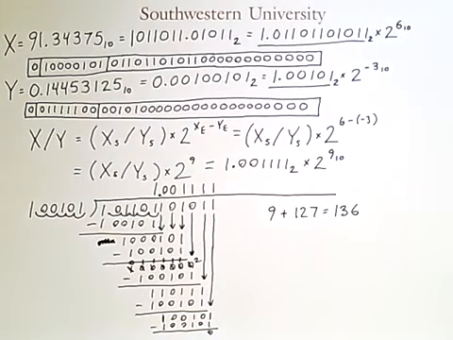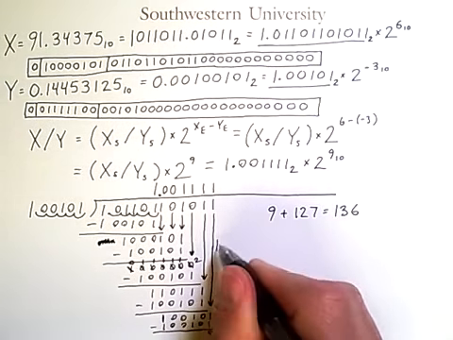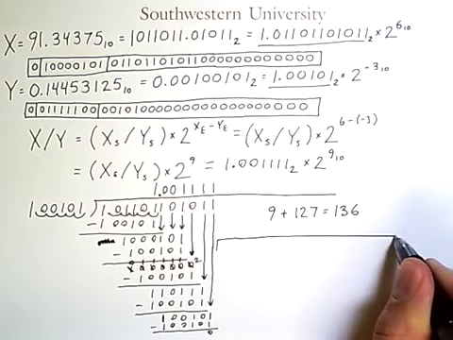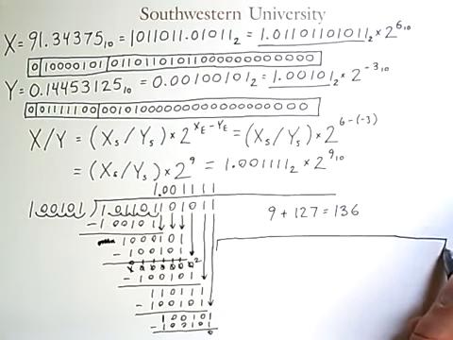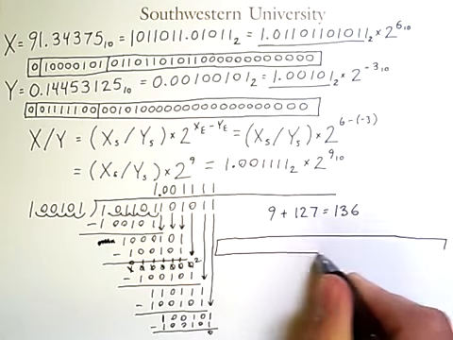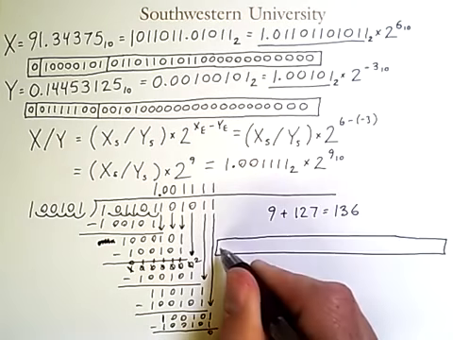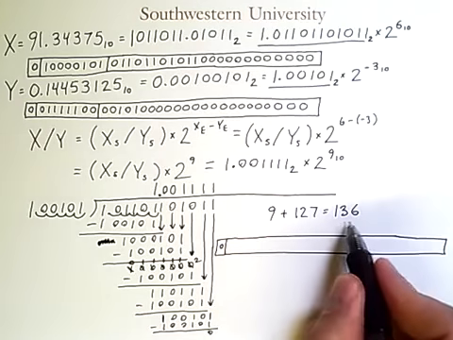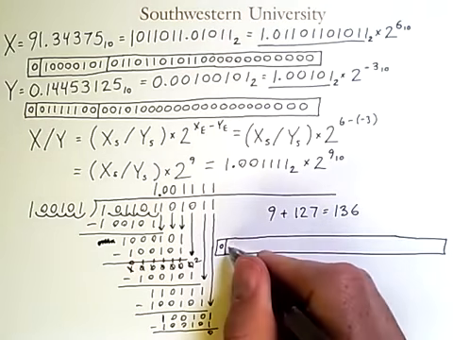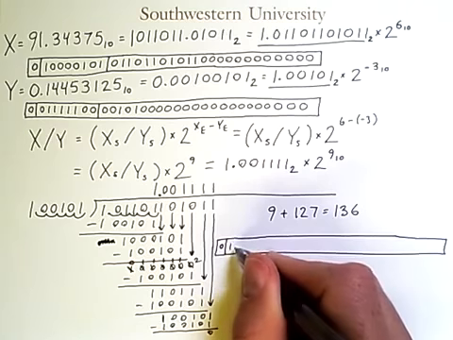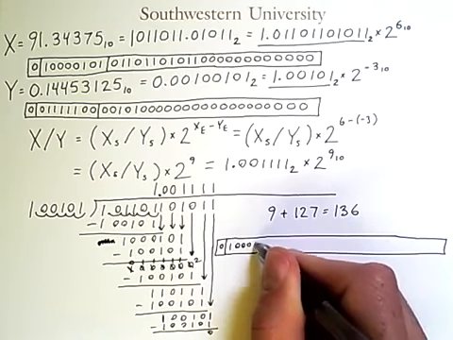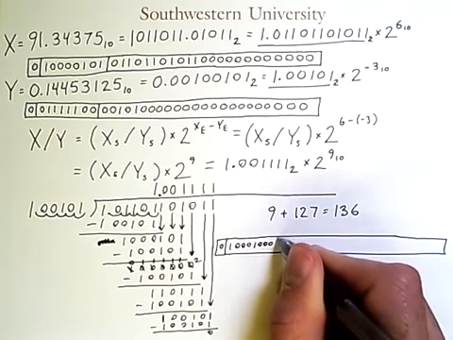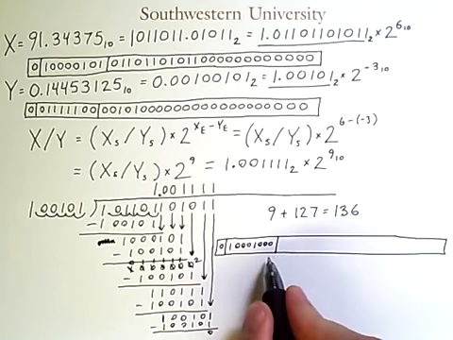And the floating point representation will be the following. So I start with a 0 because this is a positive number. 136 in binary is 1, 0, 0, 0, 1, 0, 0, 0. So that's the biased exponent.